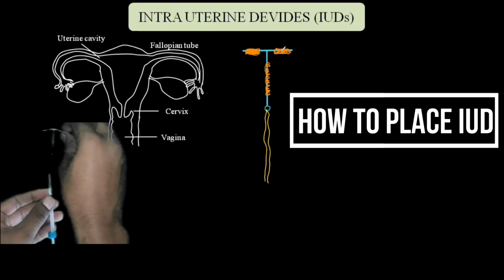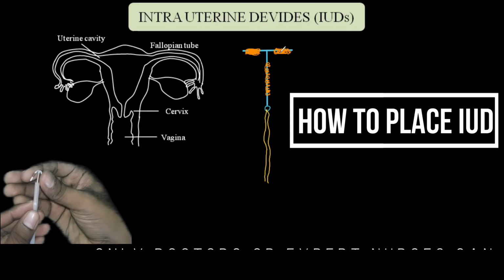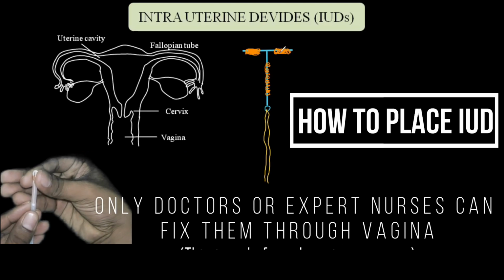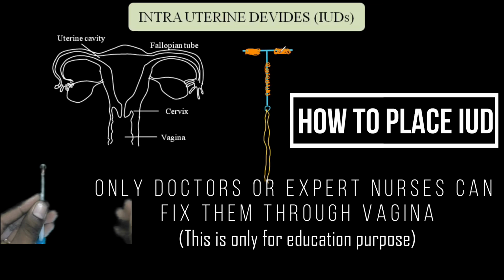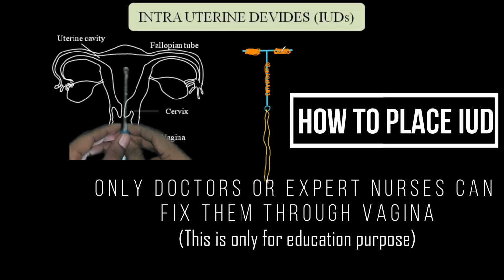In that there is one IUD, one tube, and in addition one placer. What you need to do is take the IUD, and whatever lateral arms are there, you insert them into the tube, and after that slowly the IUD along with the tube has to be inserted through the vagina into the uterus.